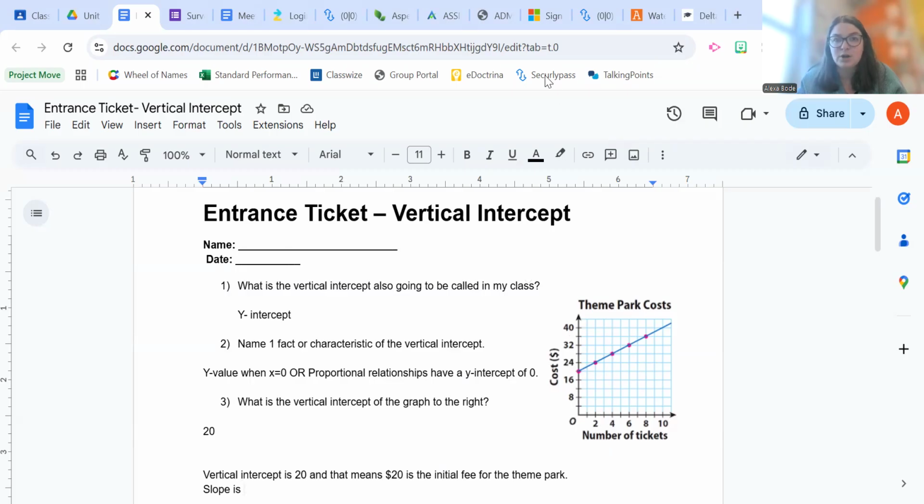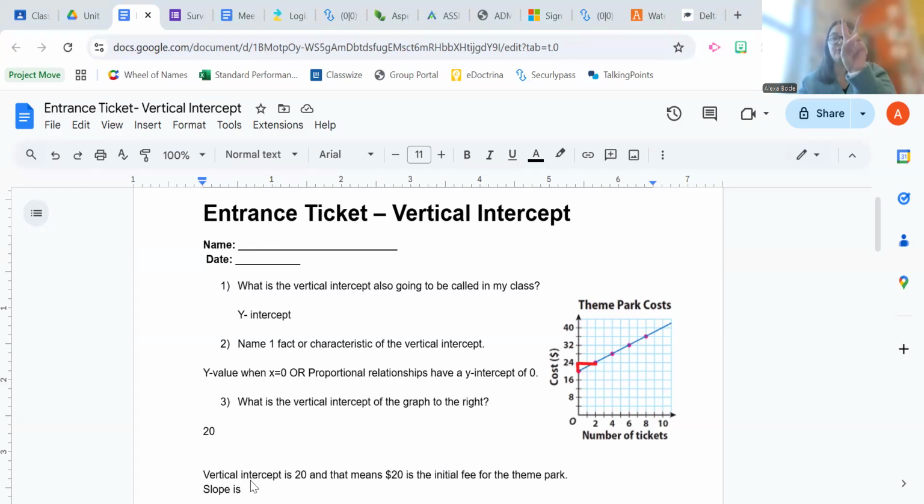Let me actually use the little drawing tool. This is going from 20 to 24 here, and then it's going over from 0 to 2. So my vertical, my height, my rise, I went up $4 and went over 2 tickets. So it's $4 for 2 tickets, or an additional $4 for 2 tickets.